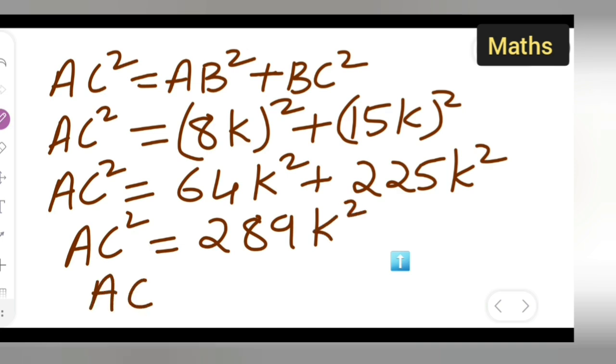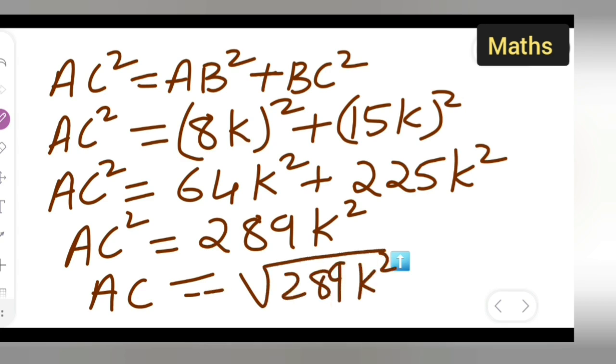If you take the square root of the entire thing, 289k square, the answer you get is AC is equal to 17k.